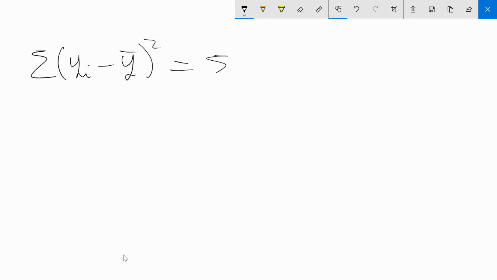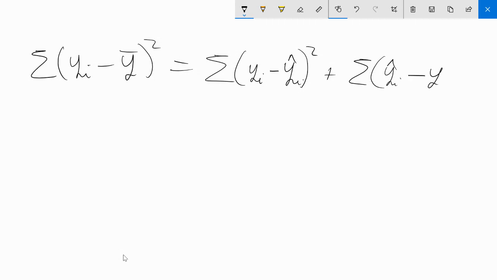We are saying it's equal to summation of yi minus yi hat squared plus yi hat minus y bar squared. So I want you to go and derive this. So from here, you must end up with this. So I want you to go and expand that.